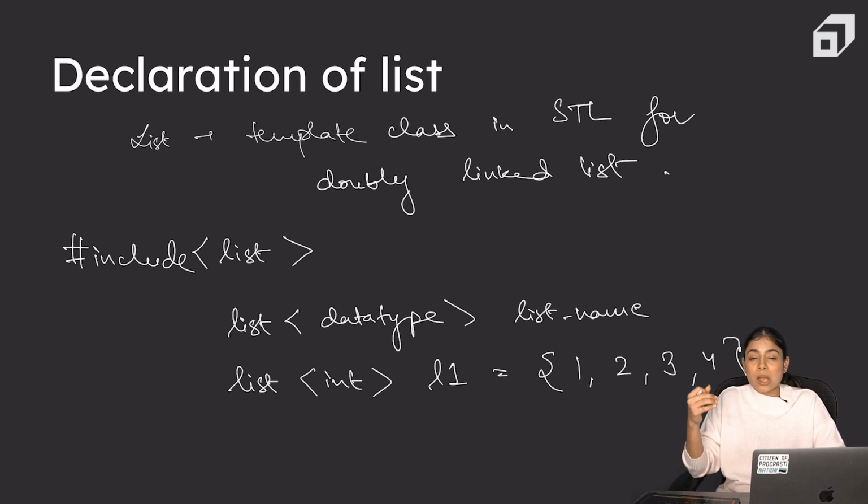But if you are given the freedom to use any data structure that you want, and you're looking for something like a linked list, this list can come to your rescue and you can use it without implementing the functions. A lot of these functions we'll see right now are inbuilt inside the C++ library for us to use.